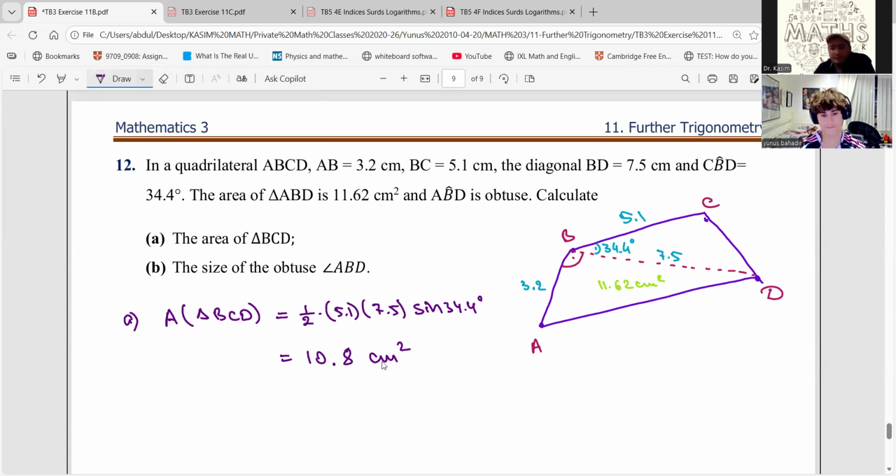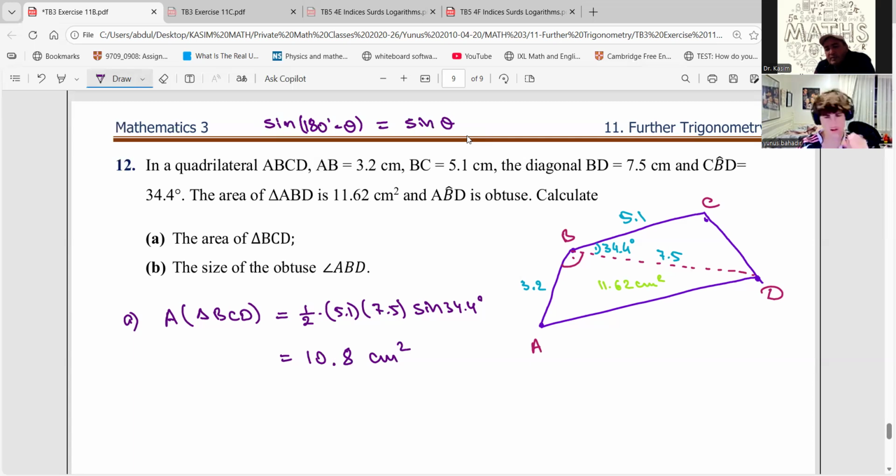Now the size of the obtuse angle. I will give 1.5 minutes. I can just give you one reminder. Yunus, if you remember this identity, sine of 180 degrees minus theta is equal to sine of theta.